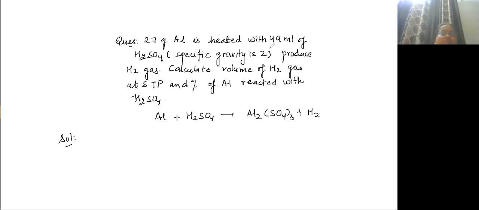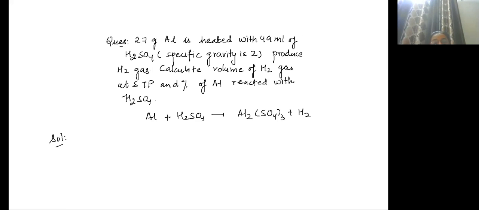Specific gravity means density of H2SO4 is given. Correct. Now density and volume is given. So what you can calculate? Mass, correct. Try to do this. Give me both answers.